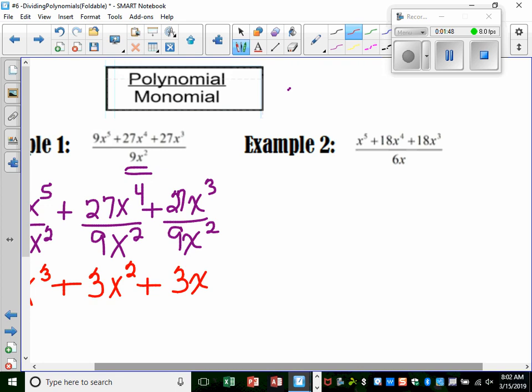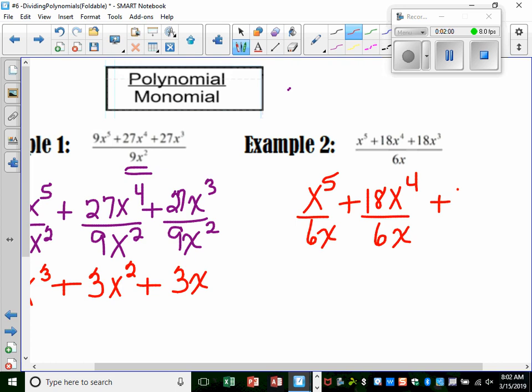All right, let's take a look at number 2. So again, if you want to put the 6x under each term, this says x to the 5th divided by 6x, 18x to the 4th divided by 6x, and 18x to the 3rd divided by 6x. So each term is being divided by 6x.